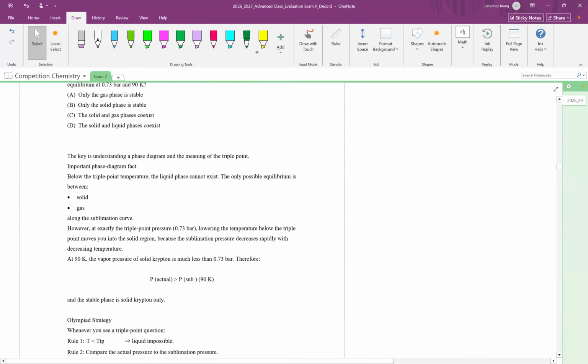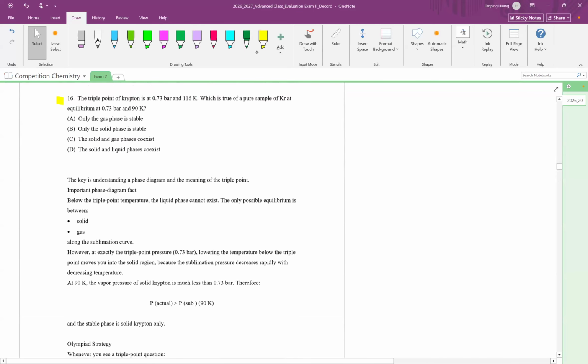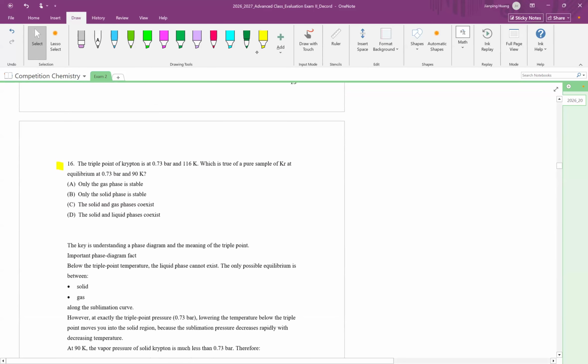Do you think it's a phase diagram here? I think it should have a phase diagram, right? Now let's look at the triple point for this krypton. It's 0.73 bar.